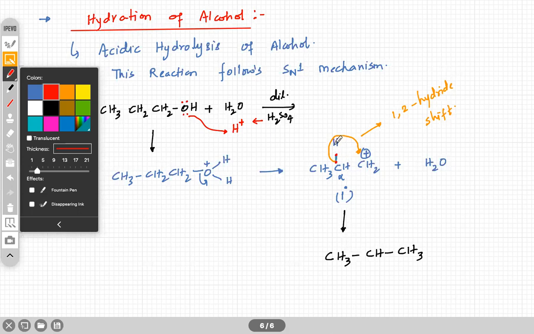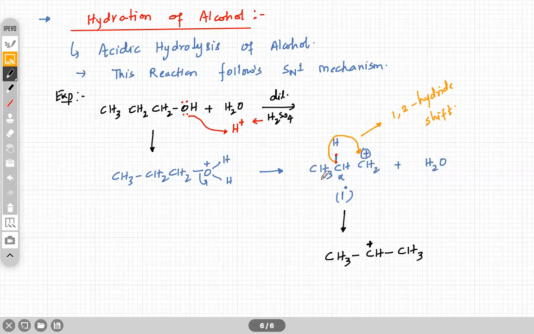Hydrogen takes both electrons and migrates onto this carbon, meaning the carbon loses its electron. Hence, this carbon has one positive charge since it loses one electron. Simply, the hydrogen shifts over here, this carbon will have the positive charge, and this carbon will have the hydrogen like this.